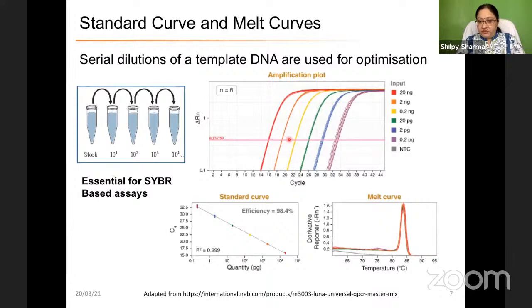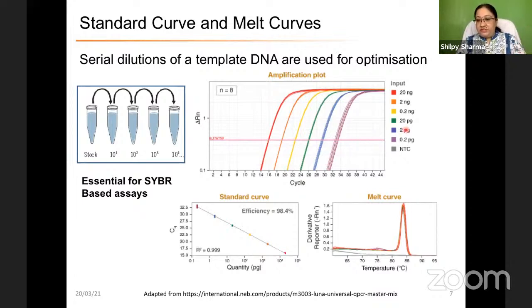I told you this is your baseline and this is the threshold value that you're going to get. So you can see there's a CT value, or you can start detecting the amplification at cycle number 14, 17, 21, 24, and so on and so forth for different concentrations of the DNA. The concentration of the DNA is the highest here for the orange color, which is 20 nanogram, and you see it much towards the zero of the axis.